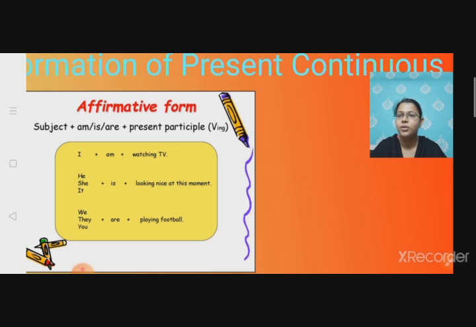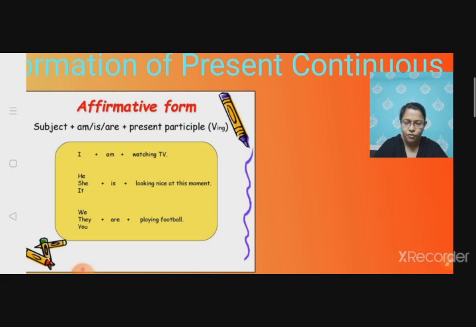For that, the first thing we would be writing is the subject. Then we are going to write the to be verb form, that is am, is and are for present tense. To be verb form is used as an auxiliary verb or helping verb. That means we are going to use it along with the action word, that is the present participle, verb plus ing.